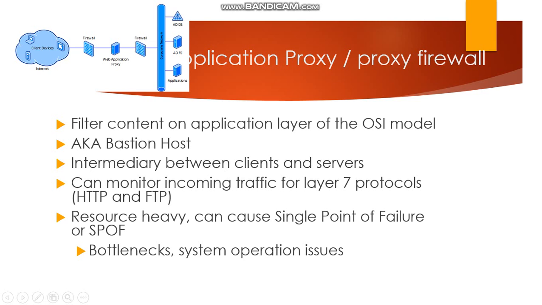And then we have the application proxy firewall. That's a filter on the application layer of the OSI model, also called a bastion host. It can monitor incoming traffic for layer 7 protocols, HTTP and FTP. It's resource heavy and can cause single points of failure.